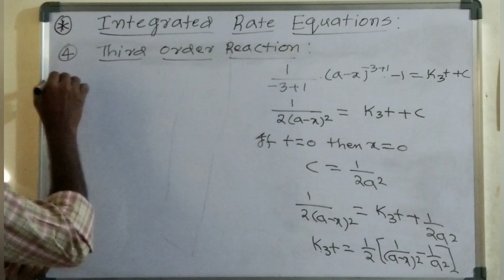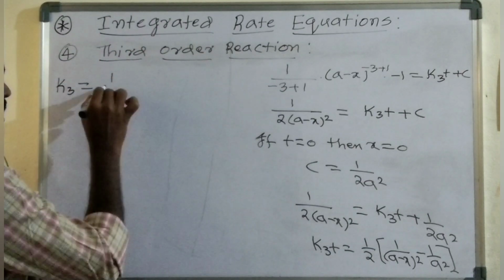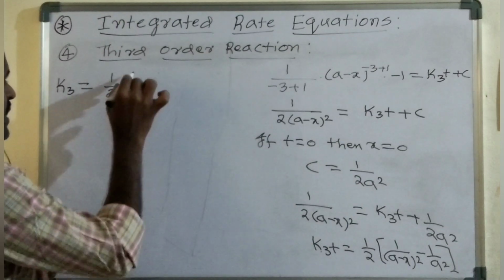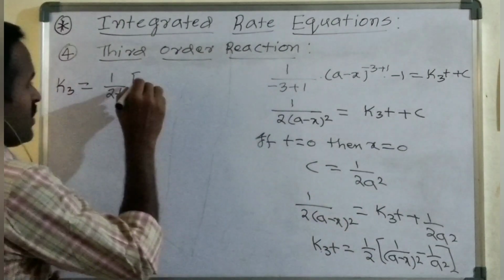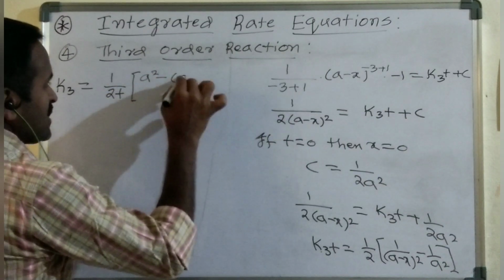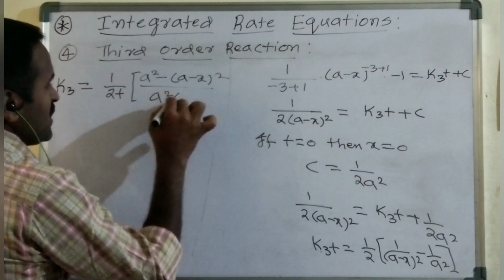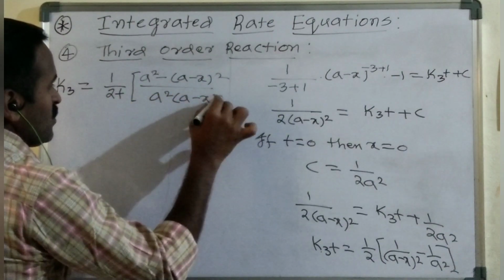Taking the LCM, the rate constant k3 equals 1 by 2t into [a square minus (a minus x) whole square] divided by a square into (a minus x) whole square.